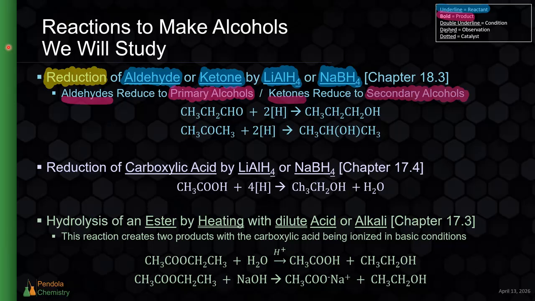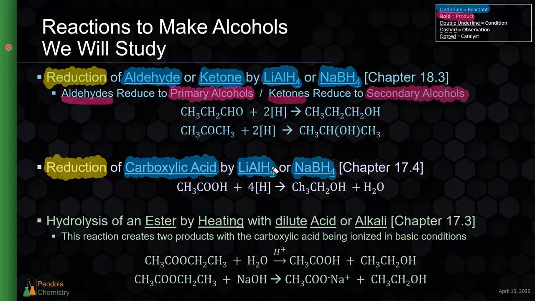Another way to create an alcohol, which we'll see later in this chapter, in chapter 17.4, is the reduction of a carboxylic acid. We can reduce carboxylic acids, which I'm going to highlight here, using our common reducing agents, either LiAlH4 or NaBH4.